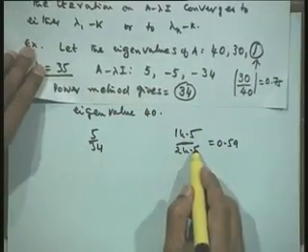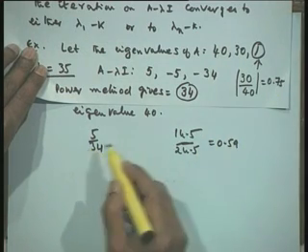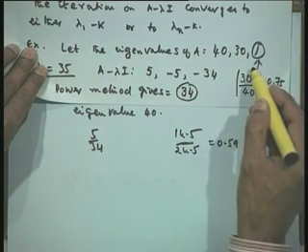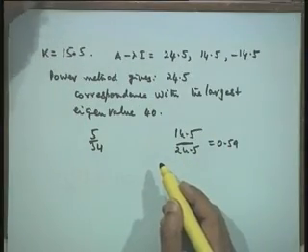Now, we can see that the ratio of lambda 2 by lambda 1 in this case is 0.59, much smaller than 0.75. Therefore, for this value of k, the convergence is faster.